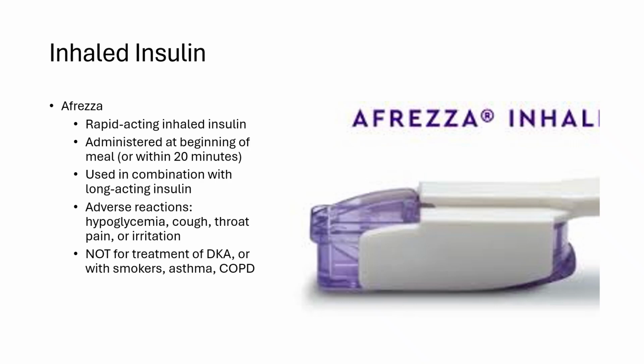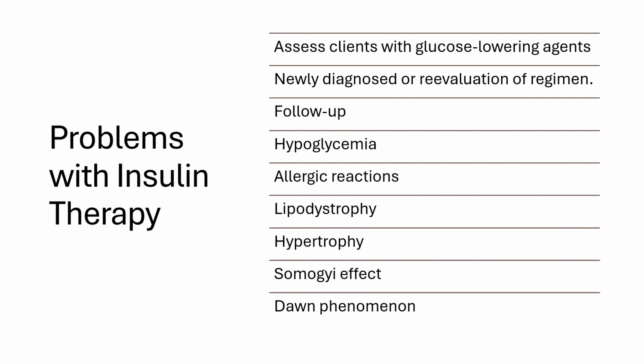We do not use these for people who have DKA, smokers, or people with asthma or COPD, and I think you can probably understand why, because of the concerns we have with the respiratory system not functioning properly. This would not be a good choice for them.